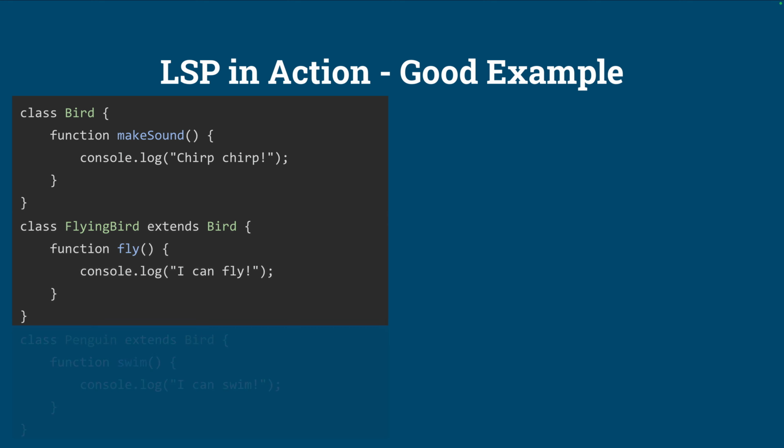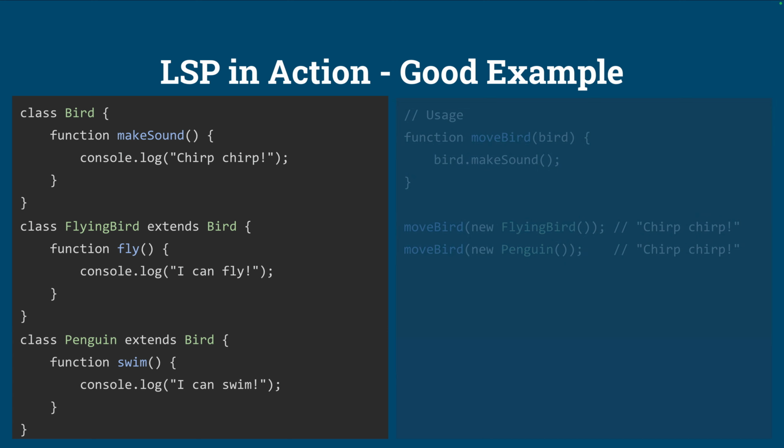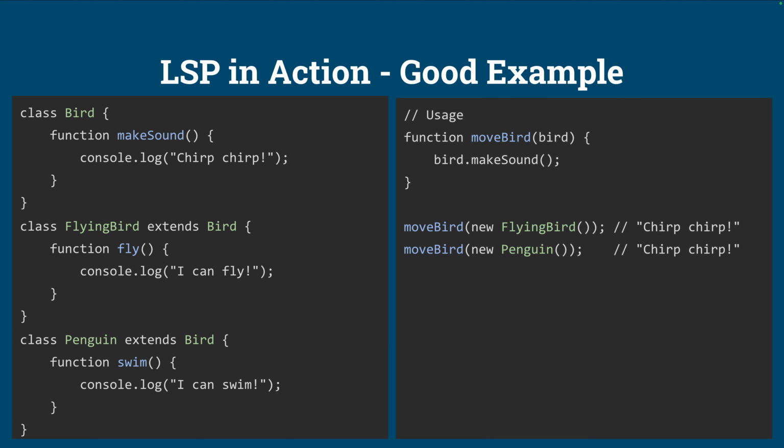And for birds like the penguin, we still extend Bird, but now we give it a swim method instead of forcing it to fly. Finally, we have a function called moveBird, and it only uses makeSound, no assumption about flying. Now we can safely substitute any subclasses of Bird, flying or non-flying, and nothing breaks.